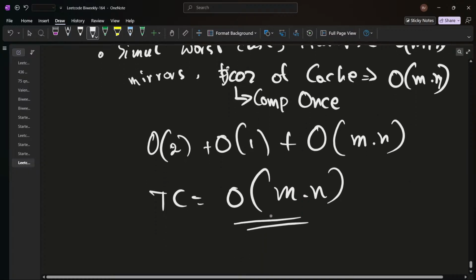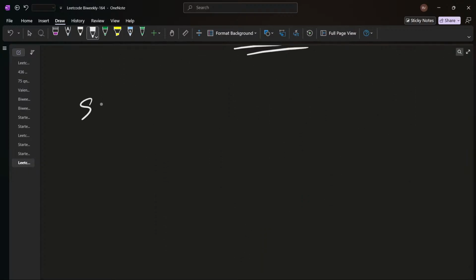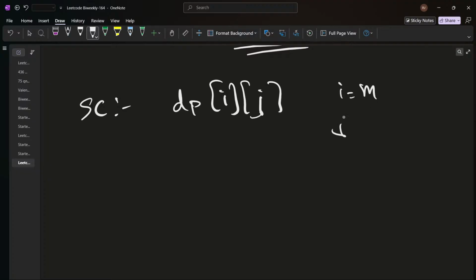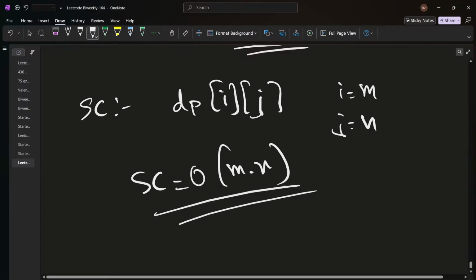That's clear, I guess. And space complexity is very easy: a 2D DP table, dp of i, j, considering i as m and j as n. This will be O of m into n. The space complexity is O of m into n.